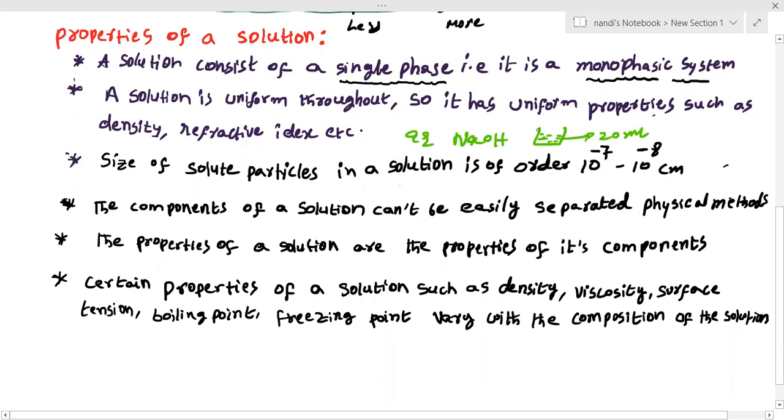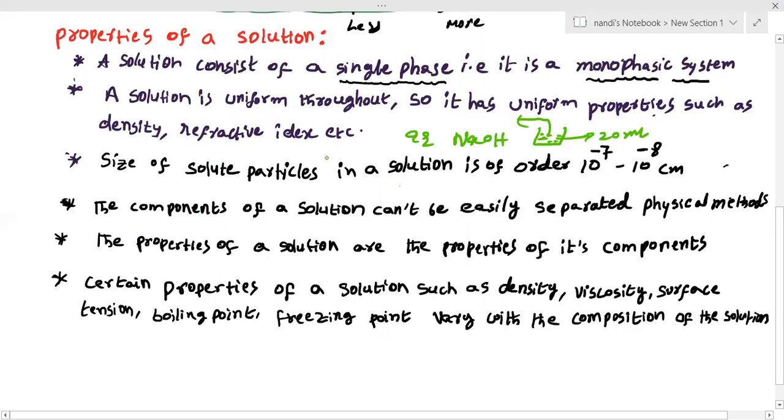You can take any amount of ml, and it will have the same density and the same refractive index. You can take any corner or part of the beaker, and that particular solution won't show different properties. So the properties are uniform throughout the system. Clear? Out of 20 ml, you can take 5 ml or 10 ml, and they have similar properties.